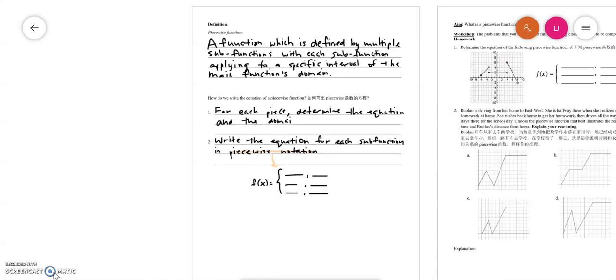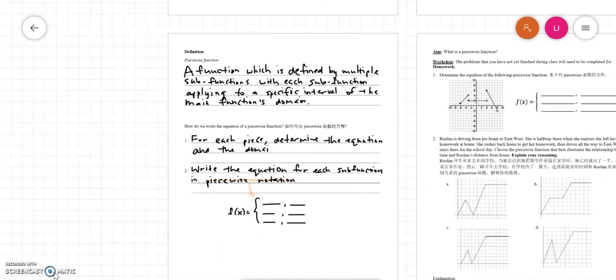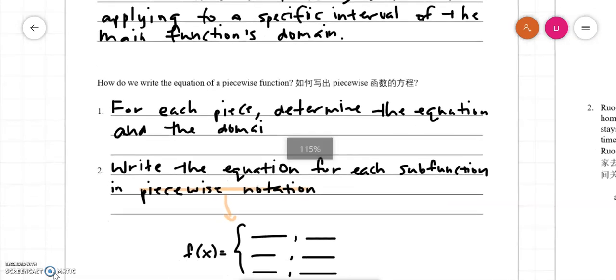Now, for the process, basically you follow these two steps. Here we go. For each piece, determine the equation and the domain. And I forgot the N on domain. There we go. Determine the equation and the domain for each piece.